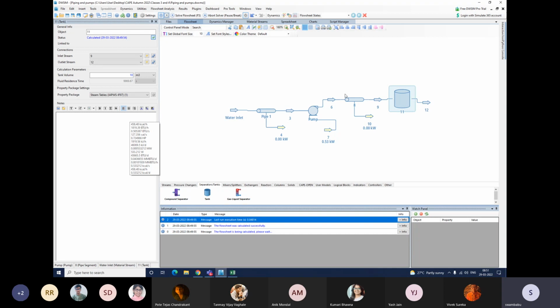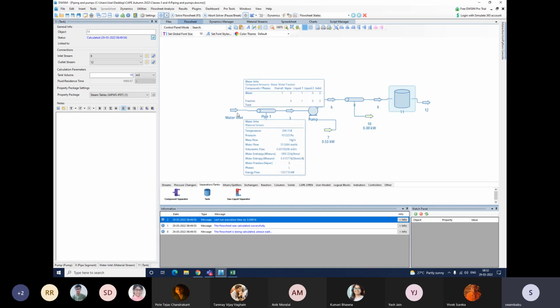Now this residence time also matters a lot in CSTRs and PFRs. So you can also calculate, if I wanted to maintain the residence time at only 10 seconds, what flow rate I need to send and what capacity the pump is needed.